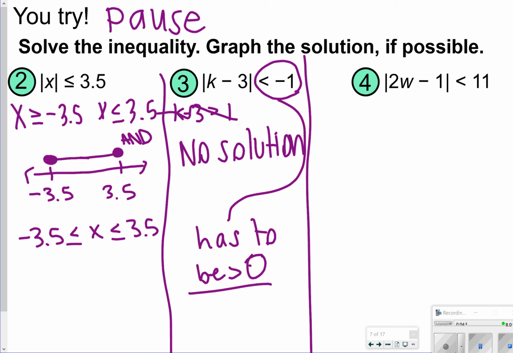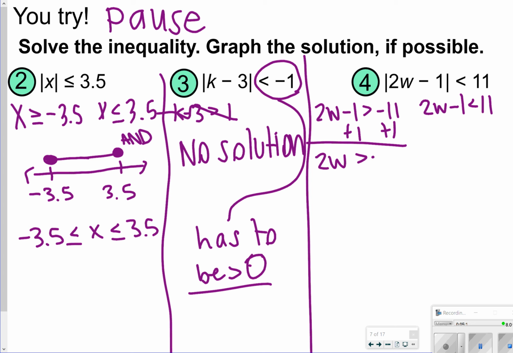Okay. For number 4, though, I believe I can solve that one because 11 is bigger than 0. So I'll have 2w minus 1 is greater than negative 11, and then 2w minus 1 is less than 11. I'm going to go ahead and start solving by adding my 1. So I'll have 2w is greater than negative 10. So that means w is greater than negative 5.